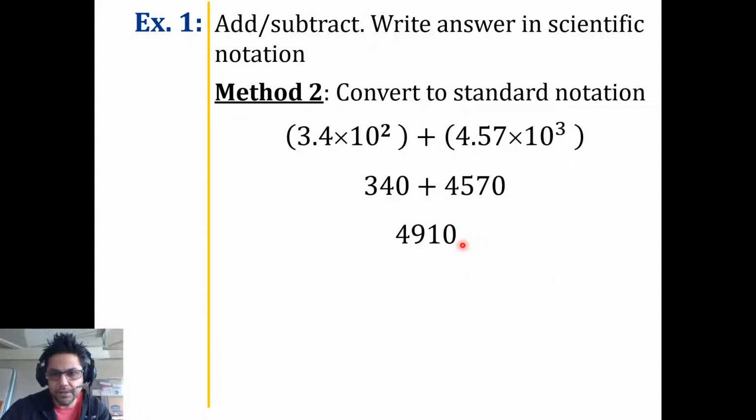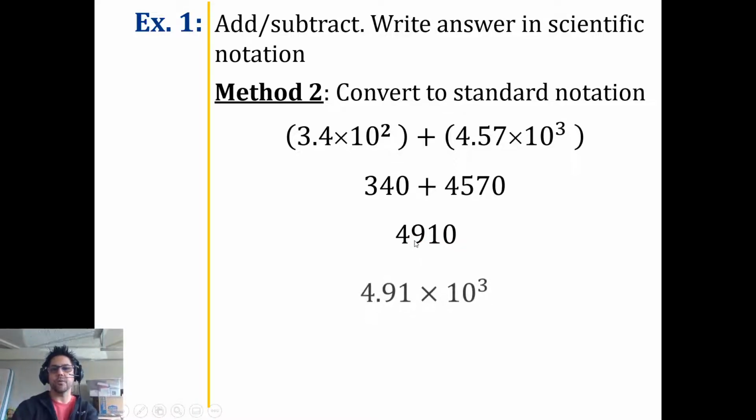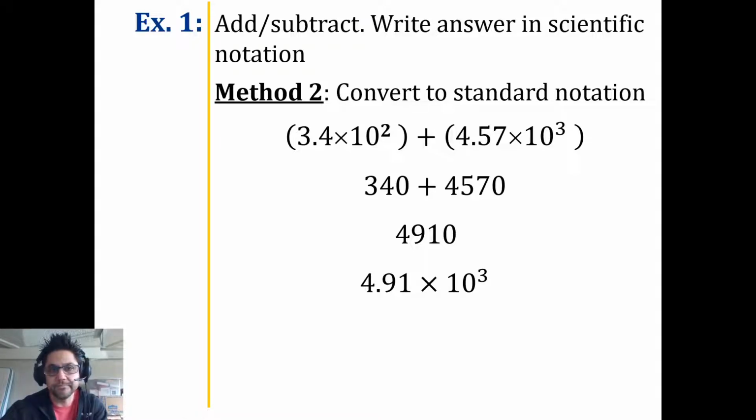Put a dot there, and we want to get it between 1 and 9 something. 1, 2, 3. So that's how we get 4.91 times 10 to the third power. Again, make them have the same exponent or make them both standard notation. Final answer, third power.